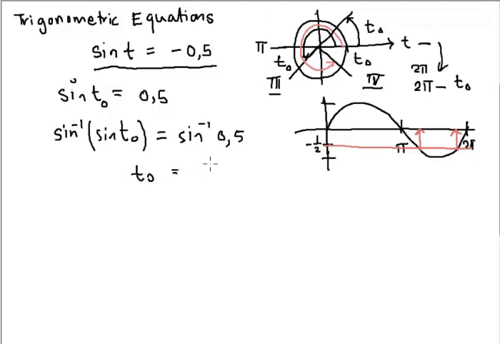Then you go to a calculator. What was the value here? Pi over 6. So now, from what you have said here, the angle we want is not pi over 6, the reference angle. The angle we want is this one, which is pi plus this T0, with that T0 being pi over 6.